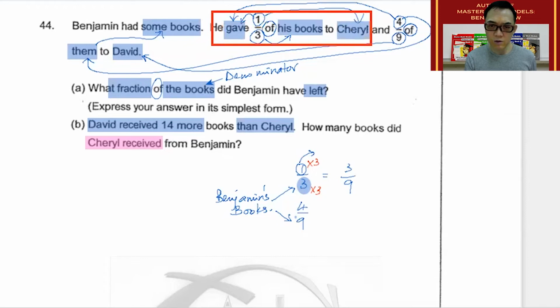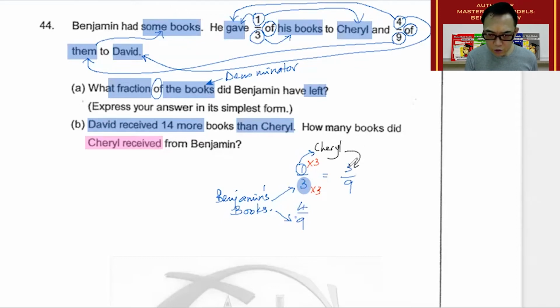So if the 1 was given to Cheryl, then right now we're going to put the word Cheryl here, and Cheryl is now 3 units. Now the rule in modeling and for fractions as well is that once you have converted into a new fraction, you no longer use the old fraction. So now we're going to draw a model based on the denominator.